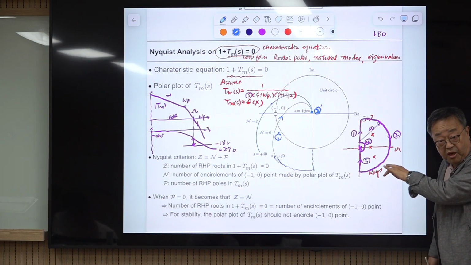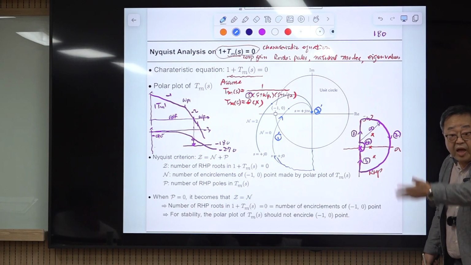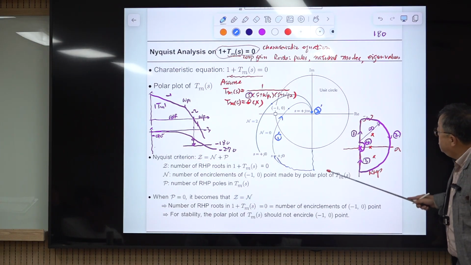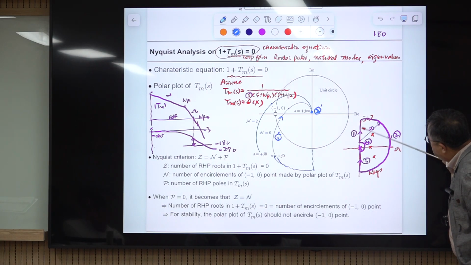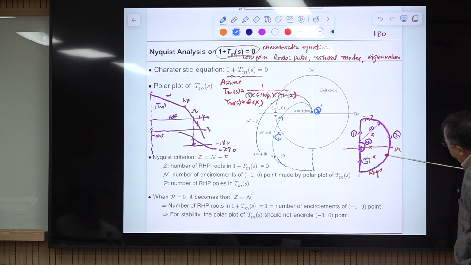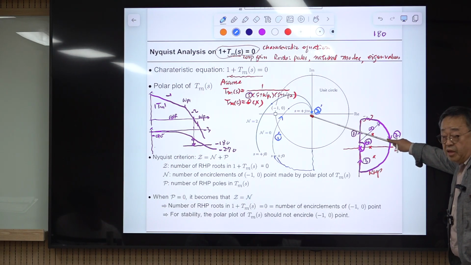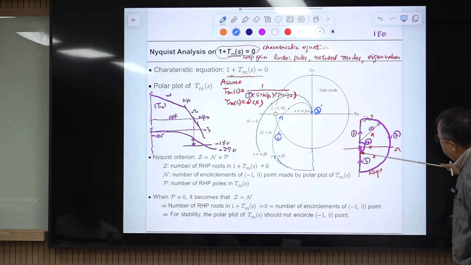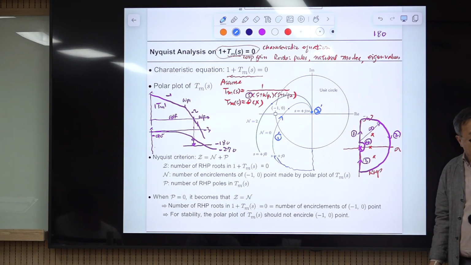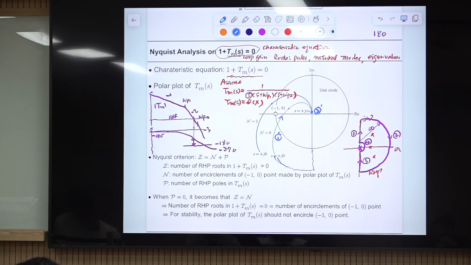We know this is stable, but I'm talking about the Nyquist stability criterion. So this is mapped to here, and this infinity semicircle is mapped to this point. And you go in this direction. This is the negative frequency axis, which does not exist in the real world. It is not a physical quantity.